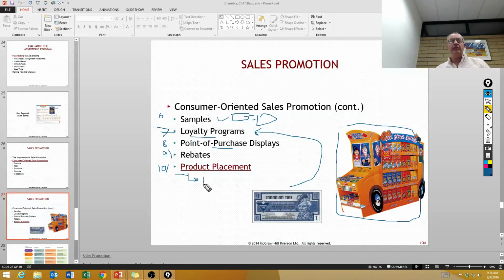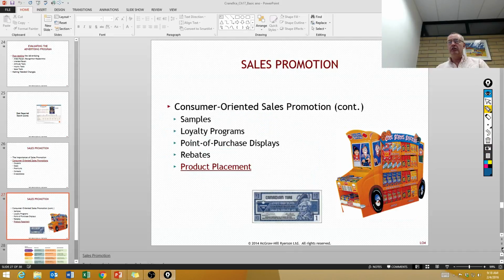And if you think about it, product placement is really a kind of institutional reminder ad, because they're not trying to sell you the product right then and there. It's an established brand that we recognize, and they're really just reminding us that they're still out there in the marketplace.